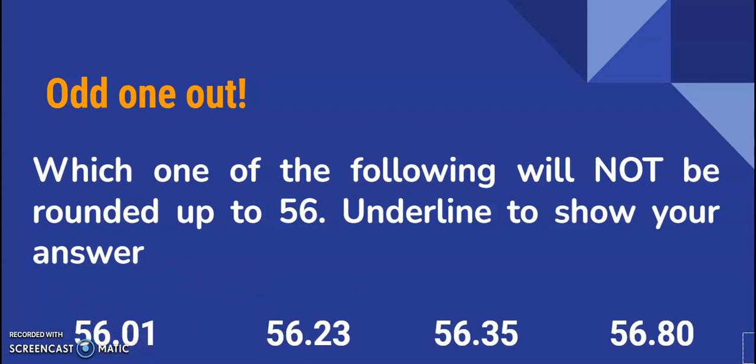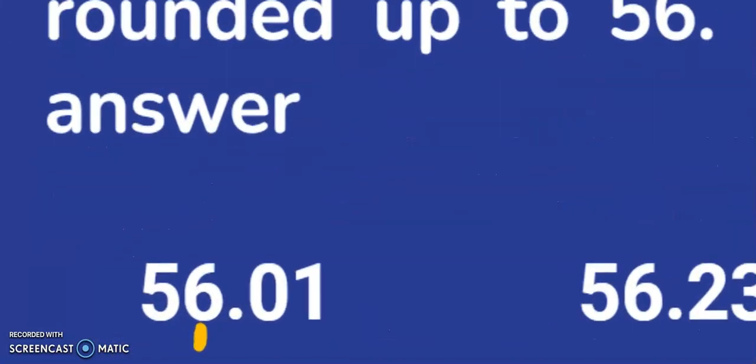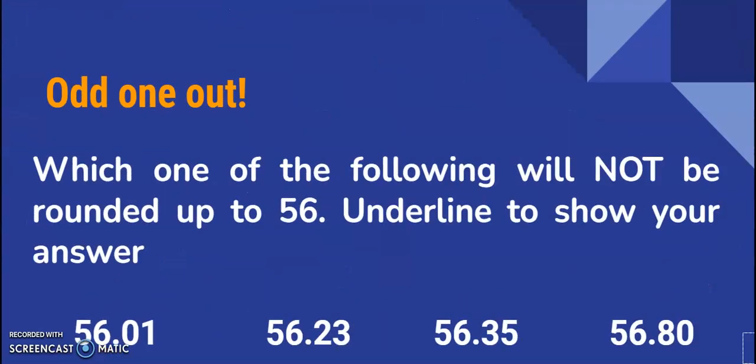So let's begin with our first number, 56.01. My target is the ones place. I look to the right and I underline the 0. Since this is 4 or less, it will stay the same, so this number will be rounded to 56.